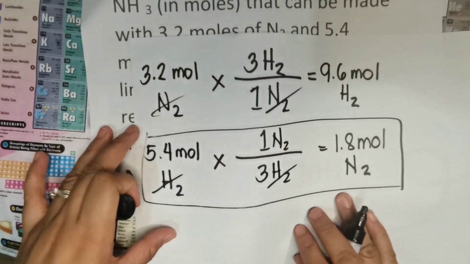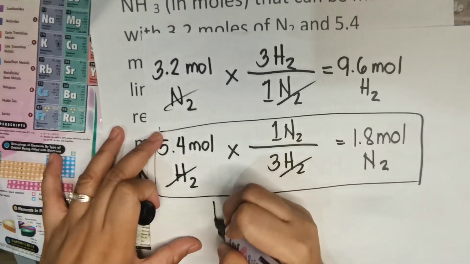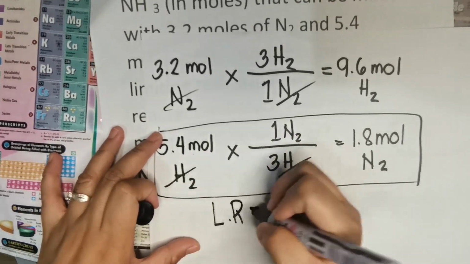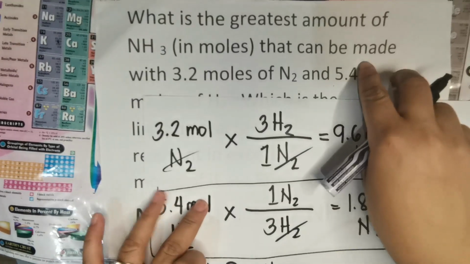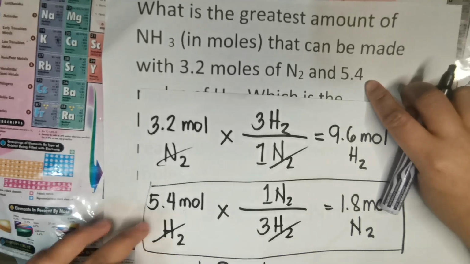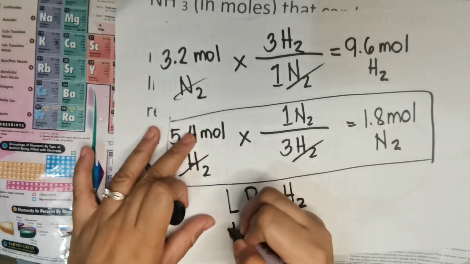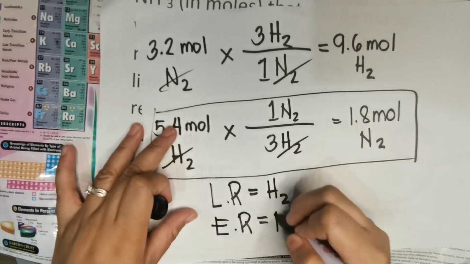From this, we can identify which is the limiting reactant. So, LR na lang susulat ko. Limiting reactant is the hydrogen gas since ginamit nating lahat yung given na 5.4 moles. Now, ang ating excess reactant or ER is the nitrogen gas.